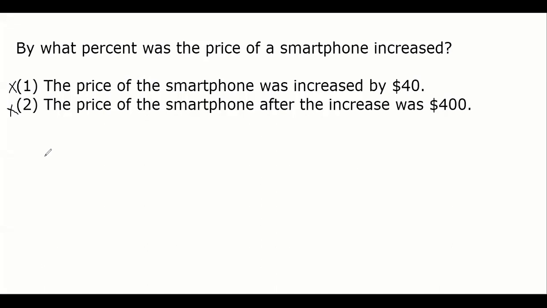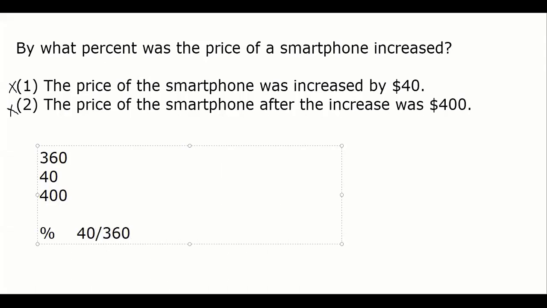Mushahid, what if we combine both 1 and 2? Is it sufficient or not? Yes, sir. Because the price of the smartphone was increased by $40, and from the second we know that it is $400. It means the original was 360. Increase is 40, new is 400, so the percentage we can easily find out: increase is 40 over 360 into 100, right?